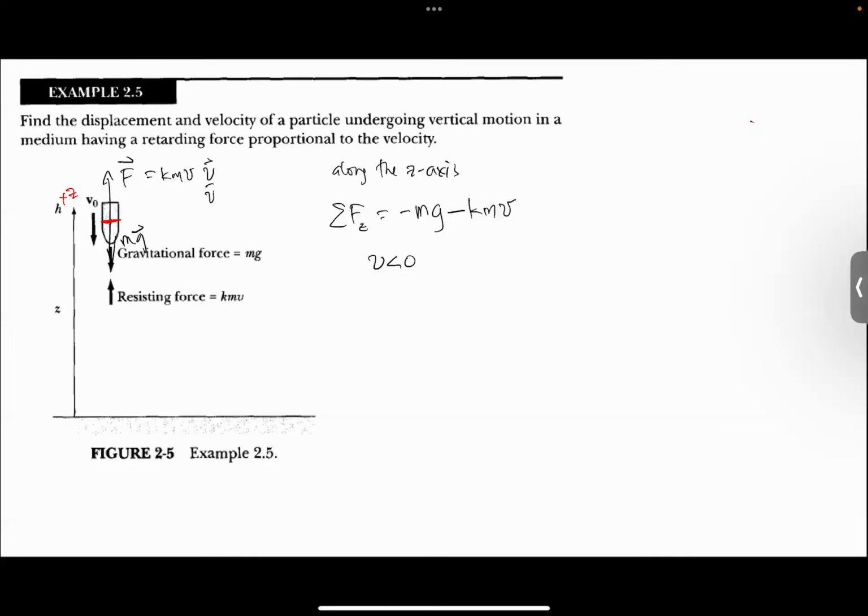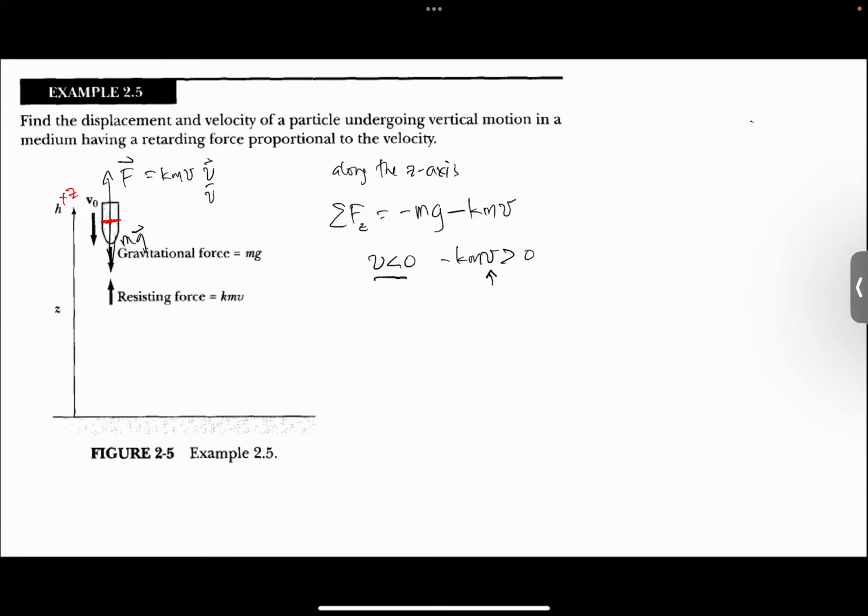Di ba? So that minus kmv is actually positive. Okay? Velocity is negative. And since this is negative, yung resistive force na minus kmv, okay, is positive.